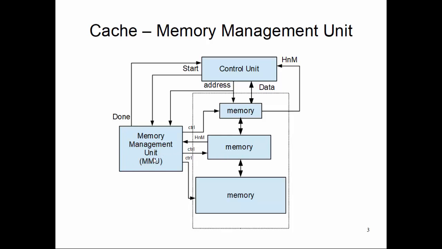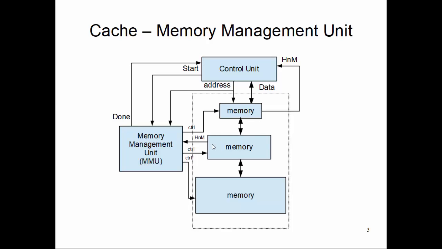So the memory management unit first initiates a block transfer from the L2 memory to the L1, from the middle one to the top one. If the corresponding block is present in the middle of the hierarchy, in the L2 cache, then it is copied back to the L1 cache.